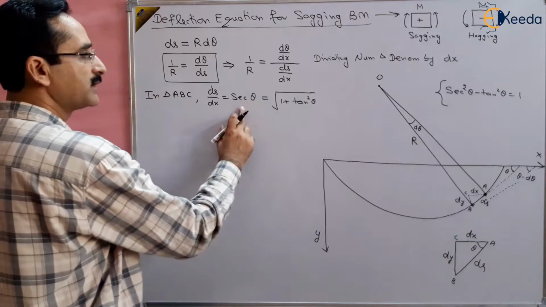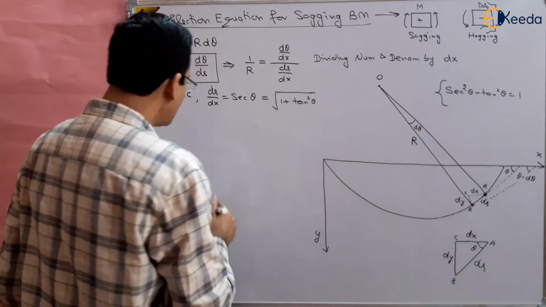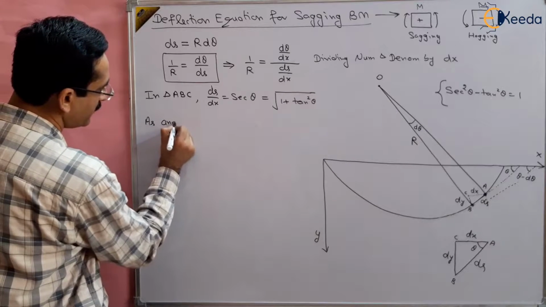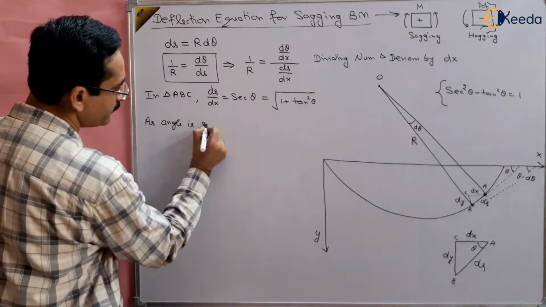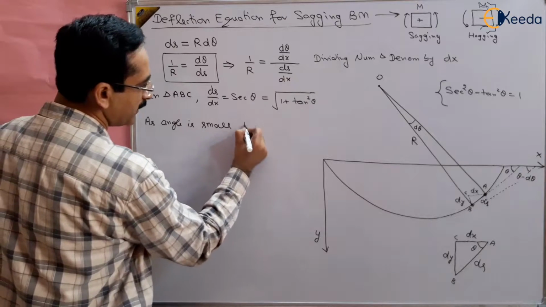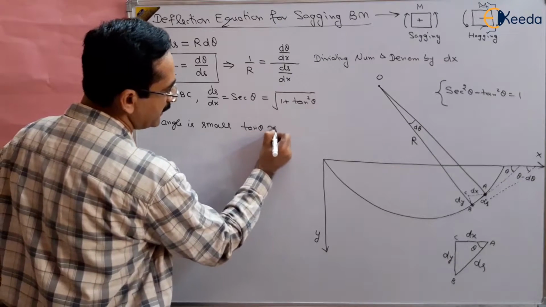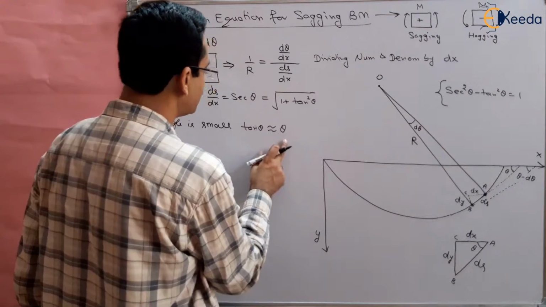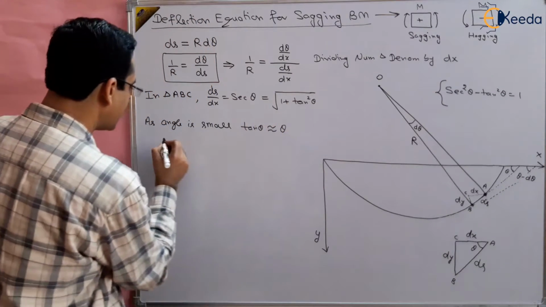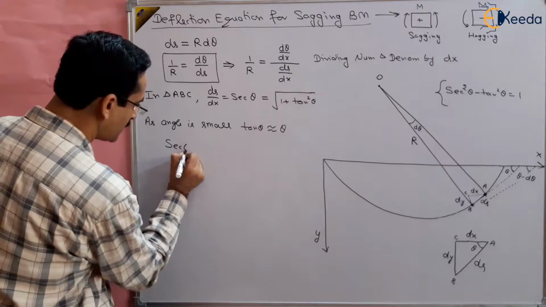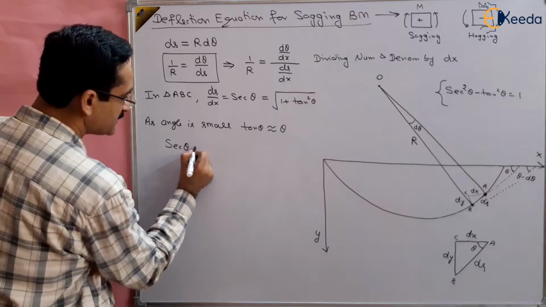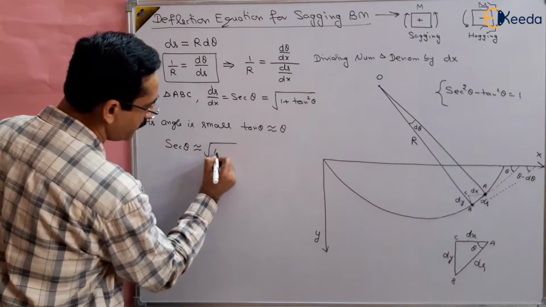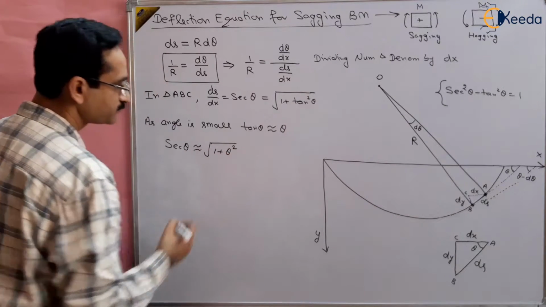So secant theta is under root 1 plus tan square theta, and as the angle is small, tan theta is nearly equal to theta. We can also write that secant theta is nearly equal to under root 1 plus theta square.